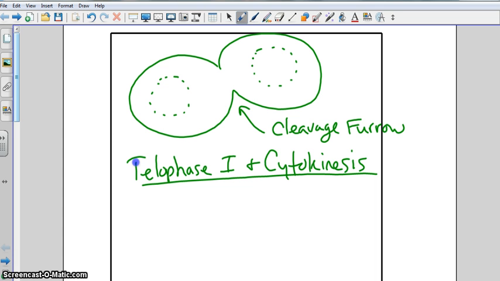How many chromosomes are going to be in each nucleus? 2. So I'm going to draw them. And then some major things here. The nucleus returns. Here's the main thing, though.